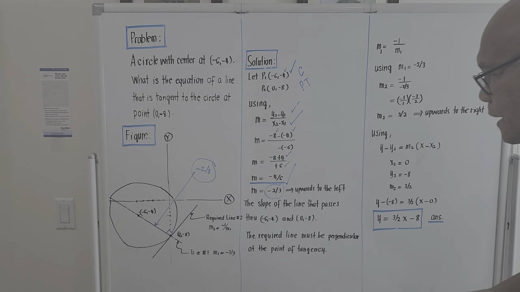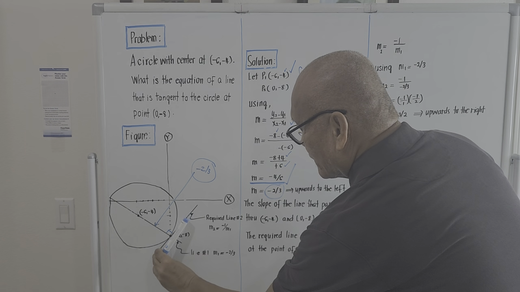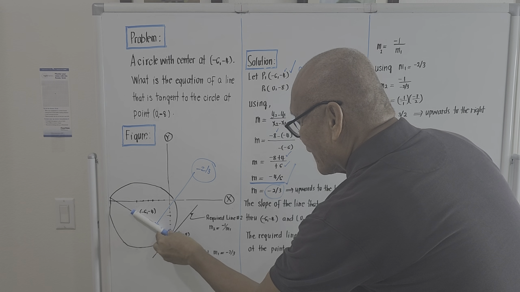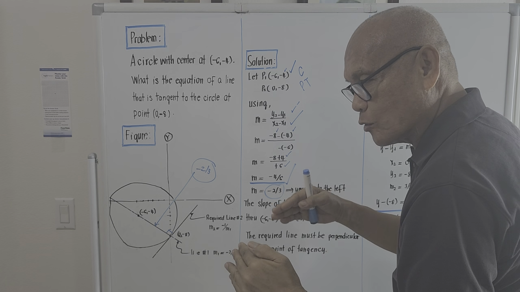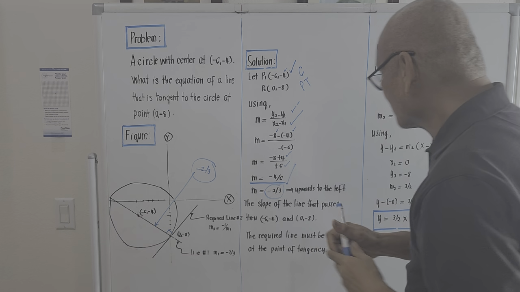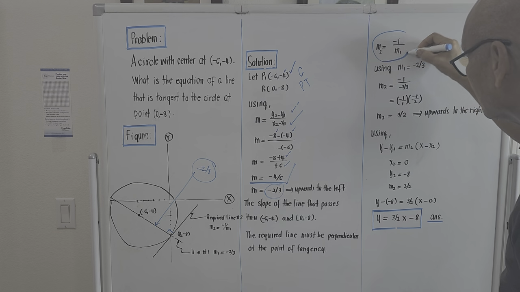Okay? And if we try to compute for the slope of the required tangent line over here, since we know the slope of this line, actually there is a relationship between perpendicular lines. There is a relation of their slopes. And the relation of their slopes is actually given by this one.